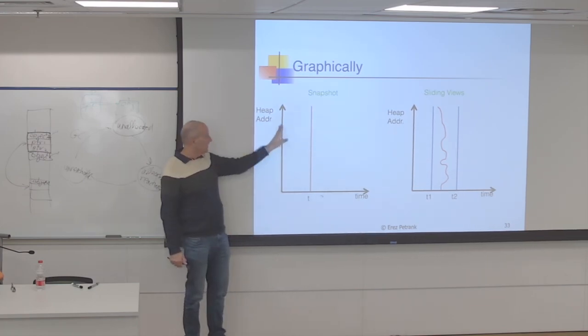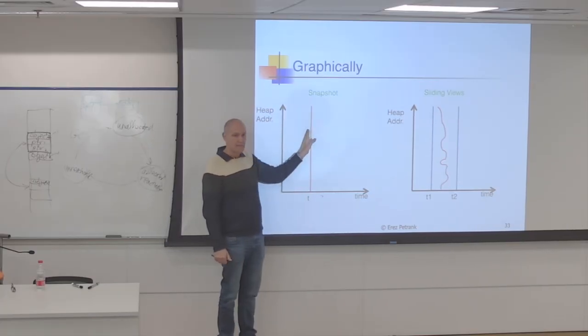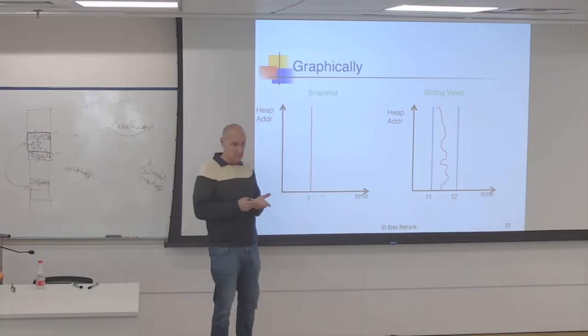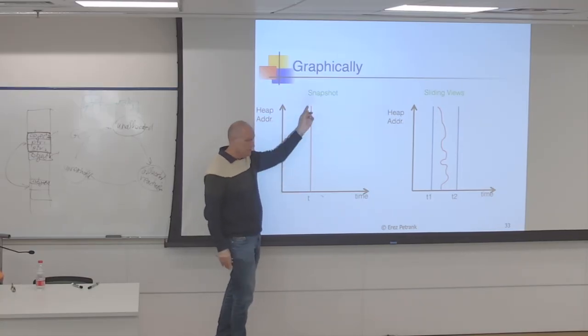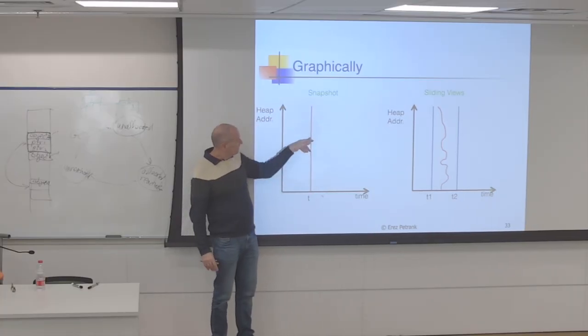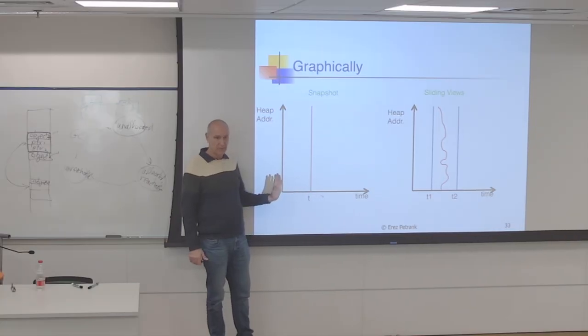Think of these as addresses in the heap. This is the whole heap. And I read anything that I read at the same time. Maybe I'm doing it logically and not specifically going to read everything here, but my view is going to be for a time t for anything that I read from the heap.